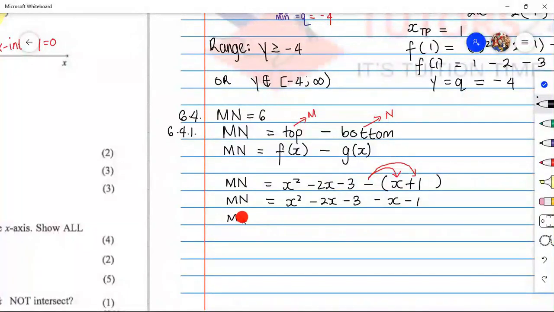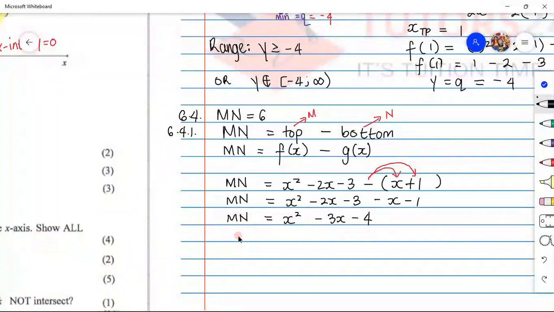So let's simplify that because we have like terms. So x squared, now negative 2x minus x gives us negative 3x, and negative 3 minus 1 gives us negative 4. So this is basically our equation of our displacement between m and n, or the equation of our distance between m and n.